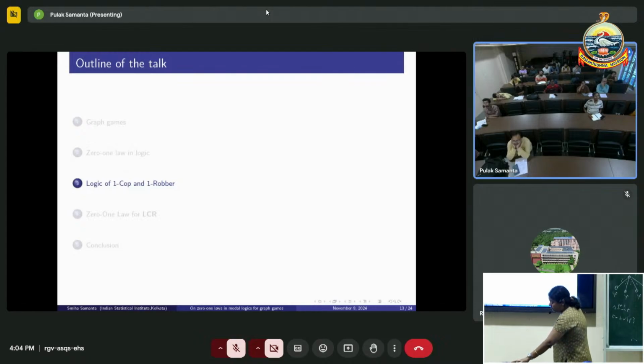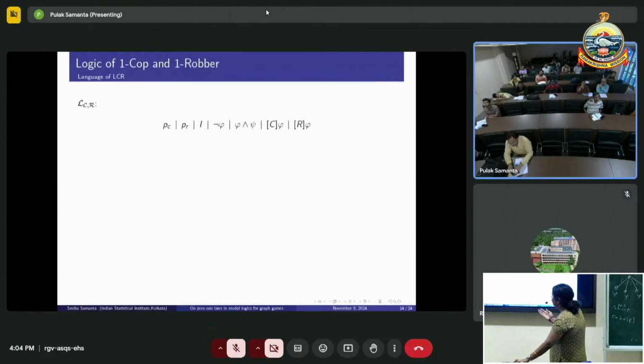Now we'll come to the logic of 1 cop and 1 robber. It is actually known as the logic of hide and seek, and we will describe the game as cop and robber. In the language there are two sets of propositional formulas, one for the cop and one for the robber.